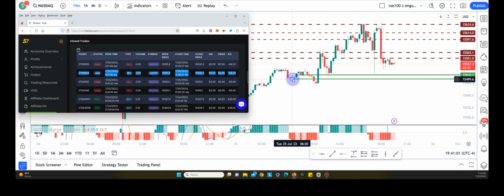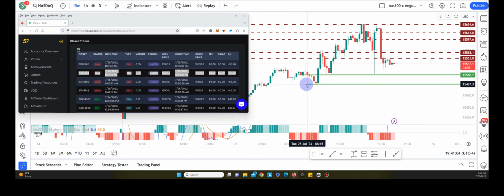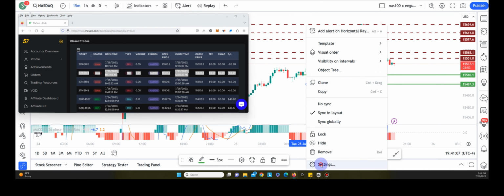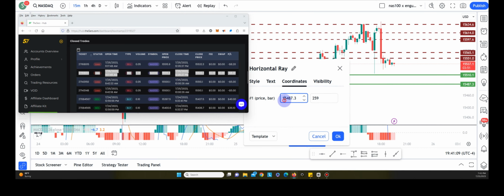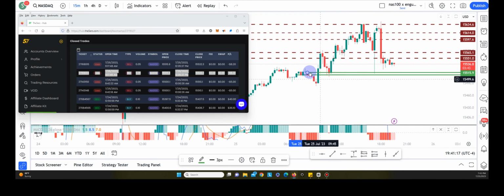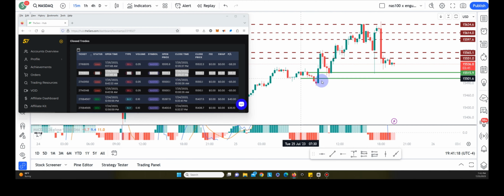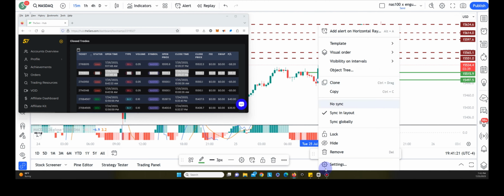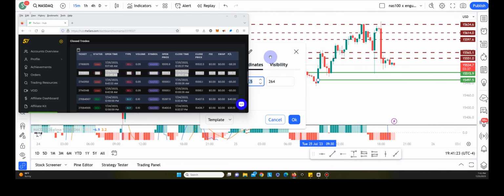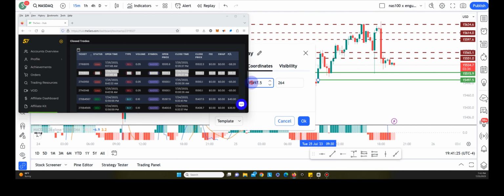I entered this one on the 8:15 candle, so that's here, 15,515.9, and then I got stopped out on the 9:30, which is 15,532.3.